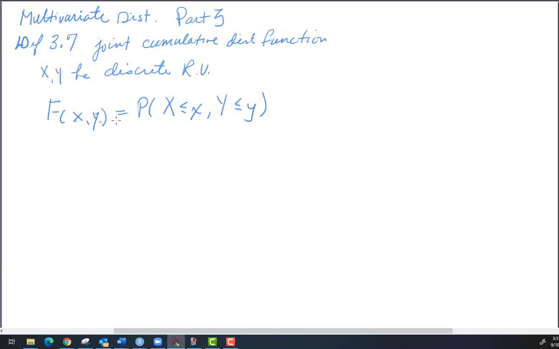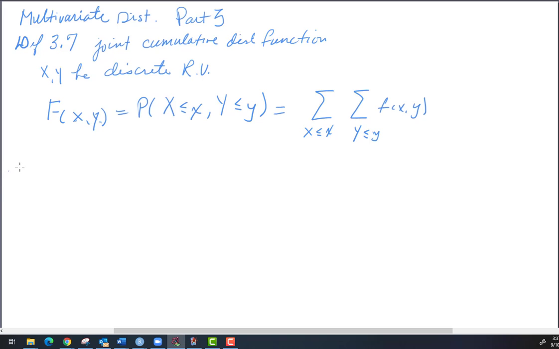And that's what we mean. And here's how we calculate it. We would have to sum over x less than or equal to x, sigma y less than or equal to y, f of x, y. And that would be for the discrete case.